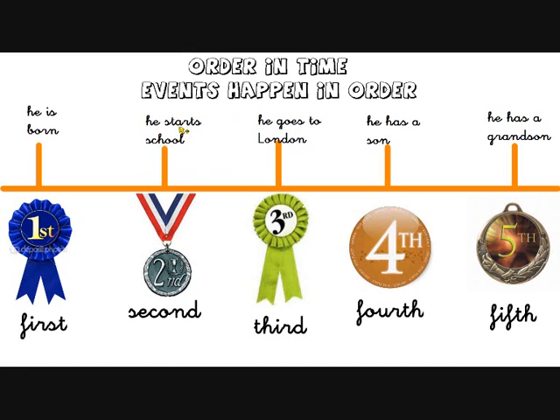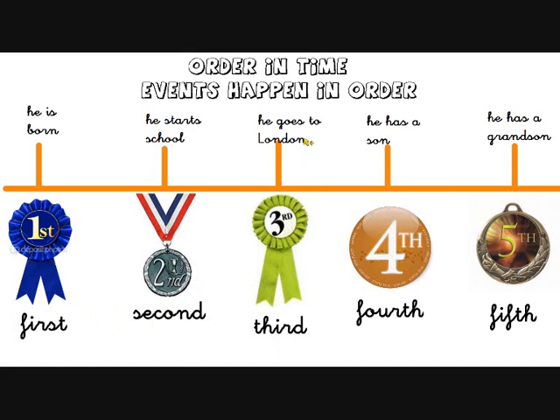We don't say he starts school is the number two thing in the timeline. No, it's the second thing in the timeline. It's the second event in the timeline. We don't say number two. We say second because it's in order. The numbers in order: first, second.